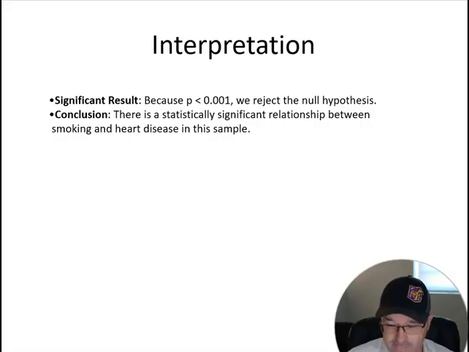There is a relationship. Whereas if there was not a significant difference, we would say that we don't have any significant relationship showing up between smoking and heart disease. But that's not the case. What we found was that there is.